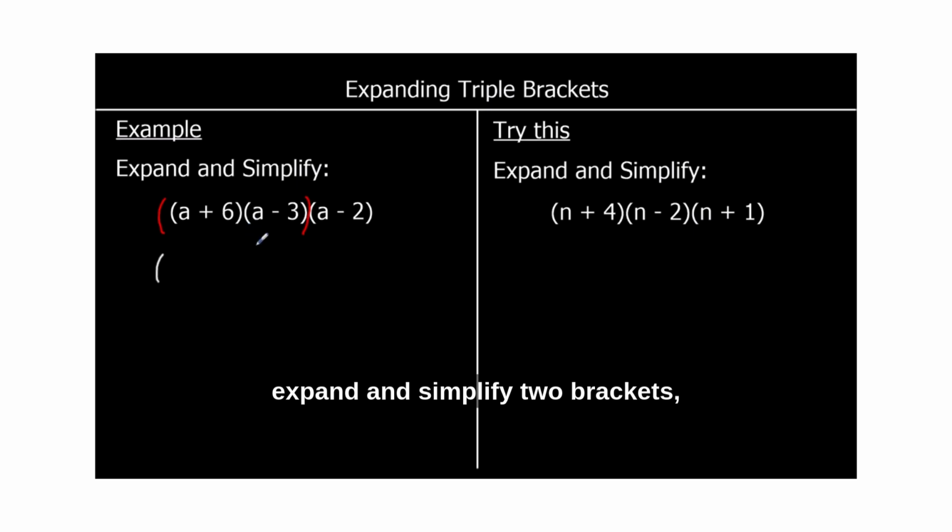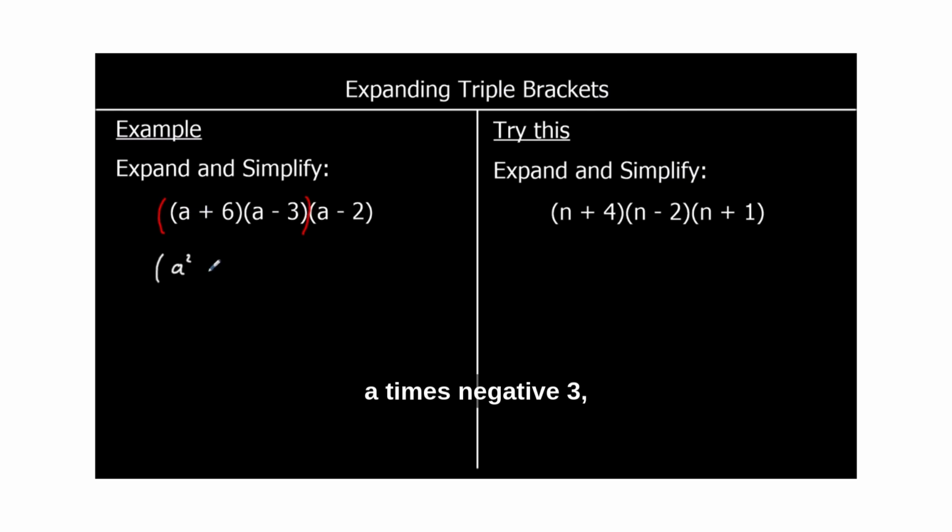To expand and simplify 2 brackets, we multiply both the terms in the first bracket by both the terms in the second bracket. So we're going to do a times a, a times negative 3, and then 6 times a, and 6 times negative 3. So a times a to start with is a squared.